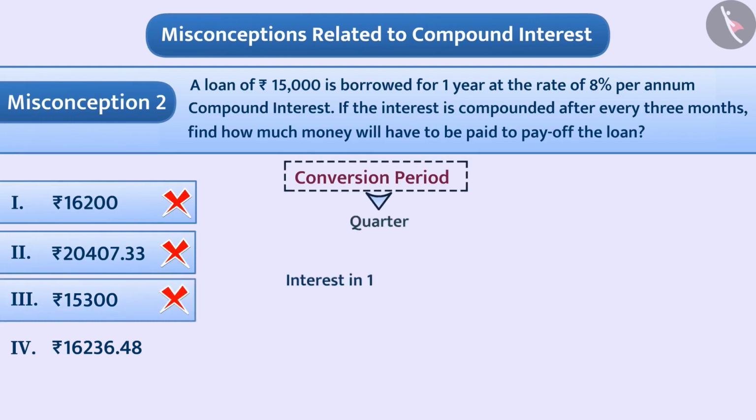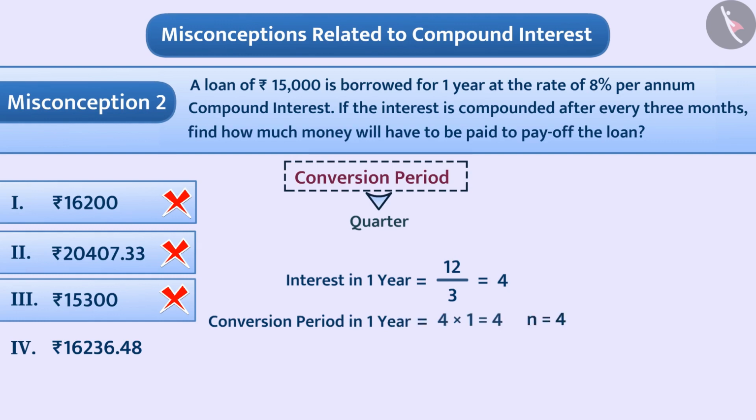Since the interest will be compounded 12 by 3 is equal to 4 times in a year, we say that the conversion period in a given time, that is 1 year, will be 4 multiplied by 1 is equal to 4. That is, we have taken n is equal to 4. Since interest is calculated 4 times in a year, we have to take 8% divided by 4 is equal to 2% for every 3 months.